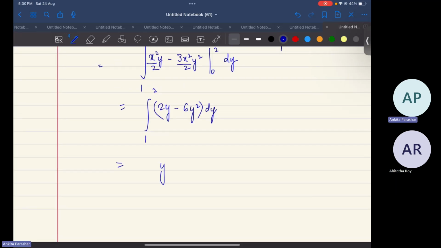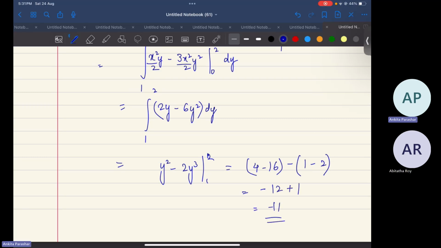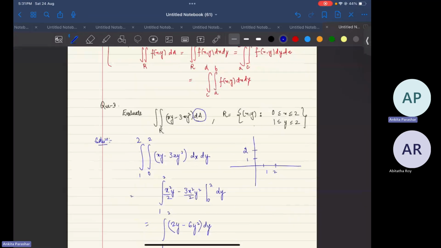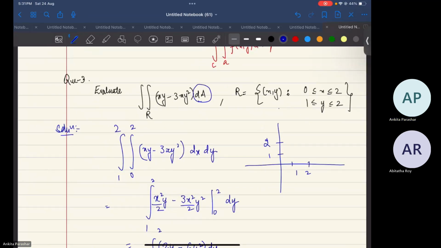This will be y square minus 2y cubed from 1 to 2. 4 minus 16 minus 1 minus 2, I think. This is minus 12 plus 1, minus 11. Yes, you're right.